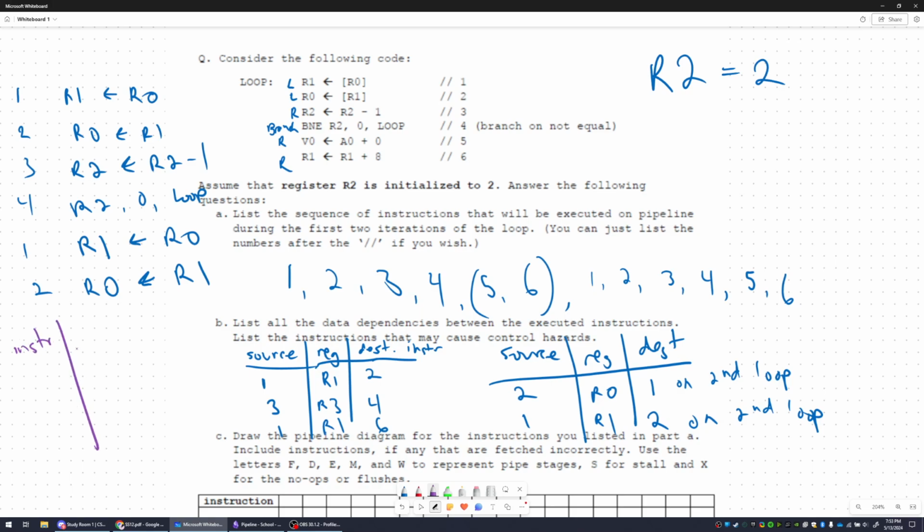Instruction, register, dependency on, so instruction 2 has on R1 dependency on line 1, for R3, 1, 1.